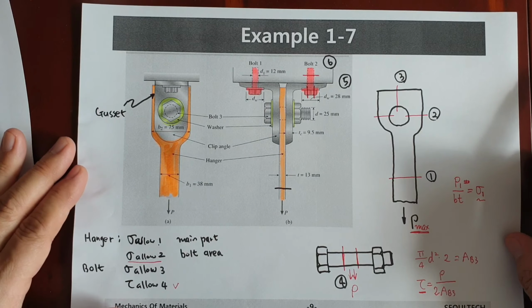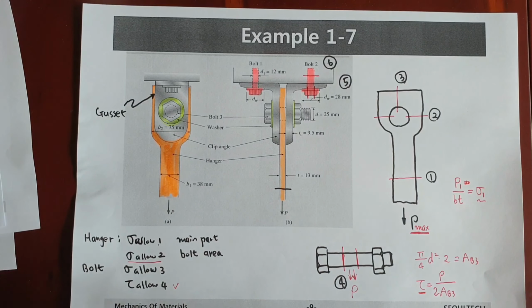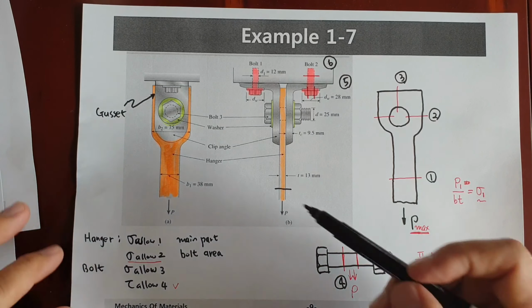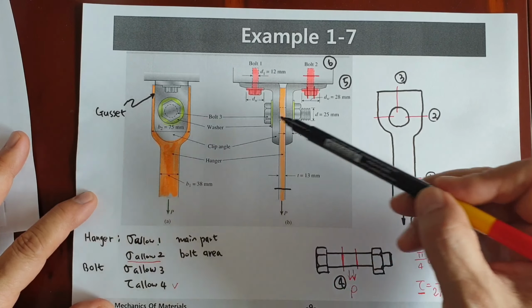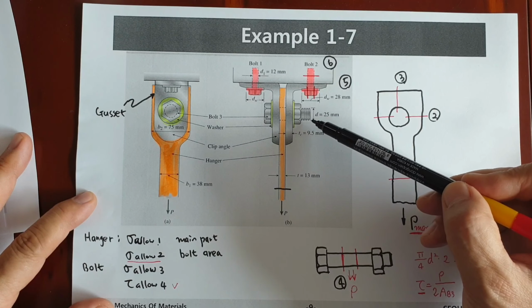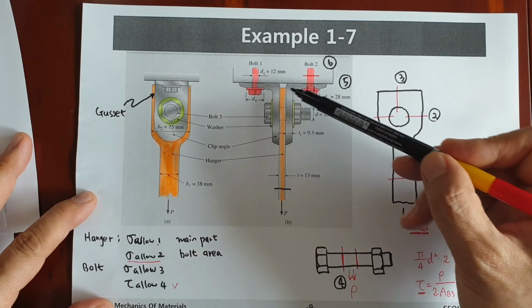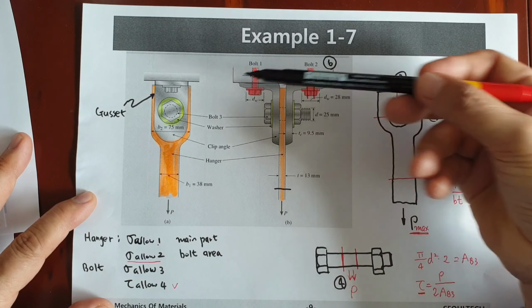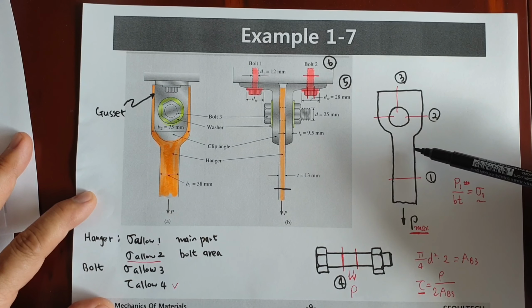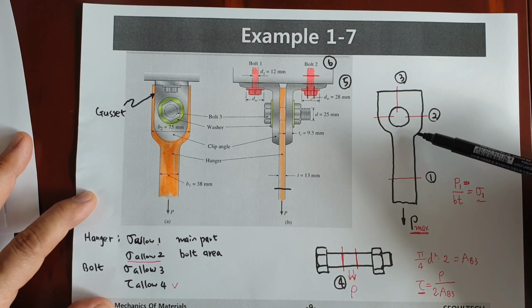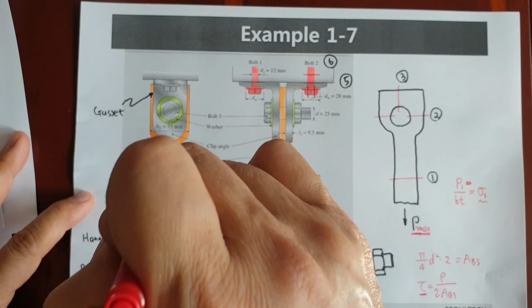Okay. I repeat again, we have this kind of system. A hanger is attached to the gusset by a bolt. The gusset is attached to the top of the ceiling by 2 bolts. That's the system. The gusset is like this when you see it from this side.